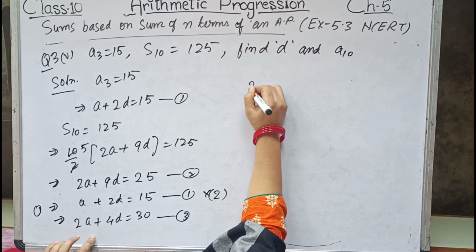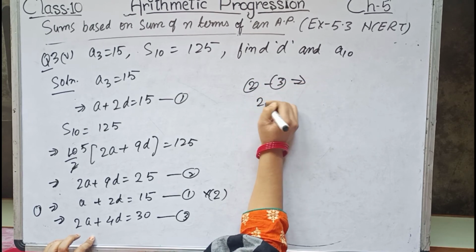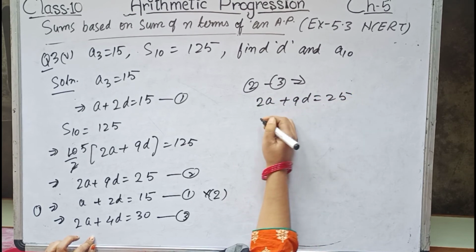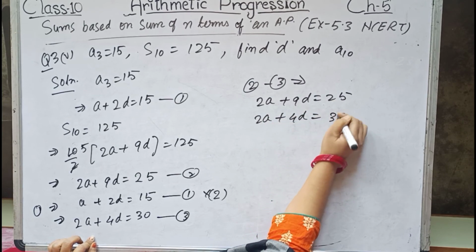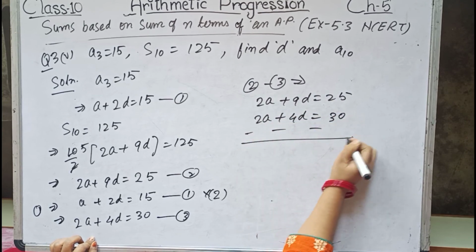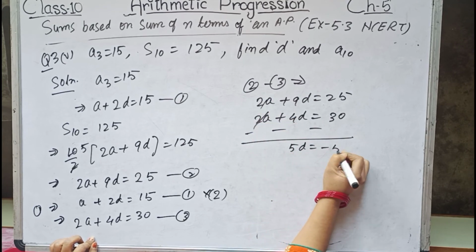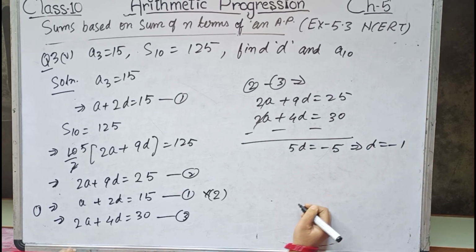Now 2 minus 3: 2A plus 9D equals 25 and 2A plus 4D equals 30. So these two will be cancelled. So 5D equals minus 5 implies D equals minus 1. So the D value we have got.